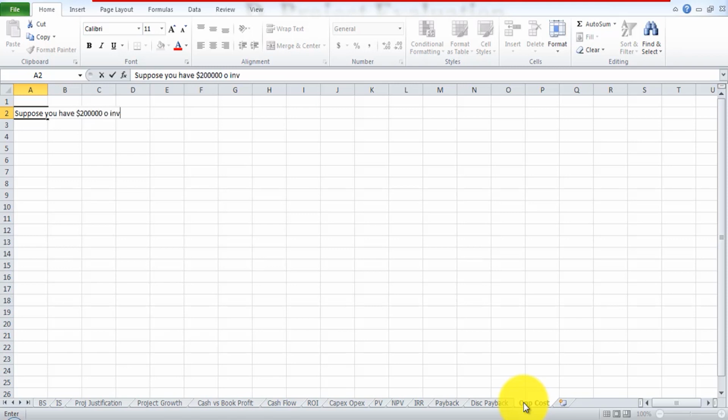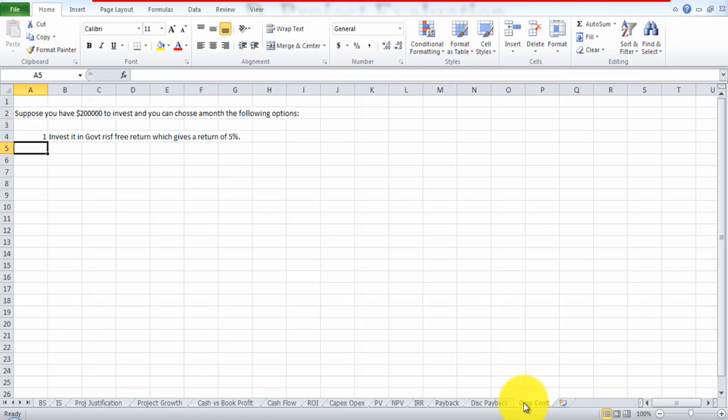Suppose you have $200,000 to invest, and you can choose among the following options. One is to invest in a government risk-free return scheme, which gives a return of say 5%.